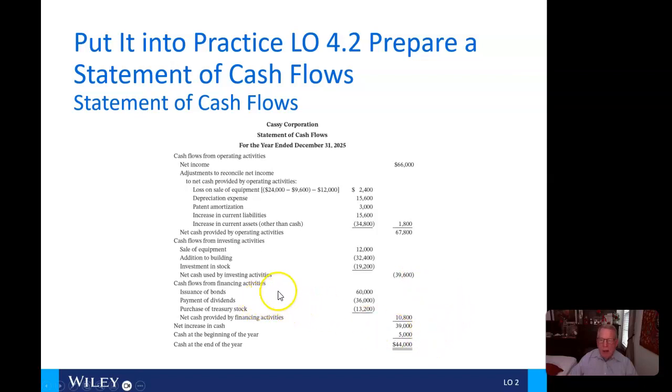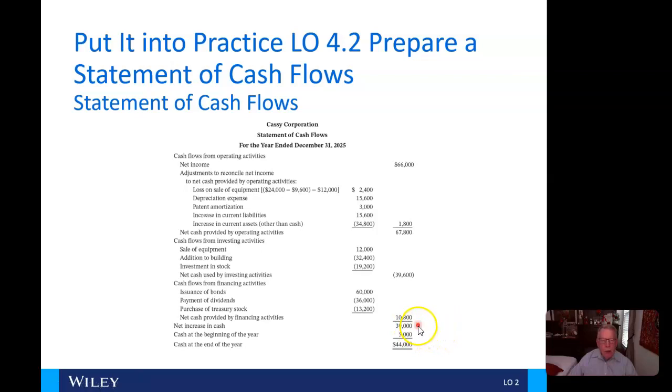And then our financing activities, we issued some bonds, we got cash for that. We paid some dividends, we paid some cash for that. We bought back some treasury stock, and consequently, we had a slight increase in net cash provided by financing activities.